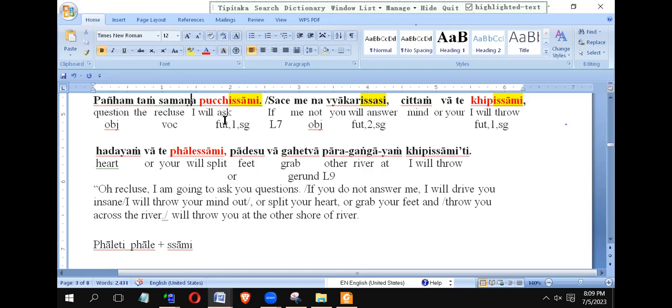But this one with the I is coming from the pucha, all right? Pucha, you put isami. So pucha sami. So this is why there are two forms here, with the A or with the E. Okay, so these two forms, right?